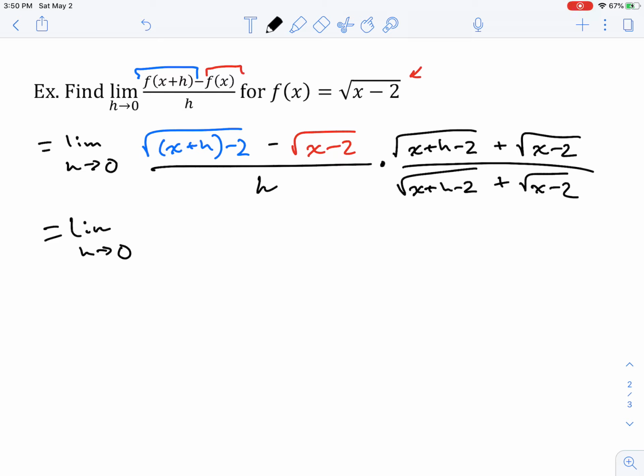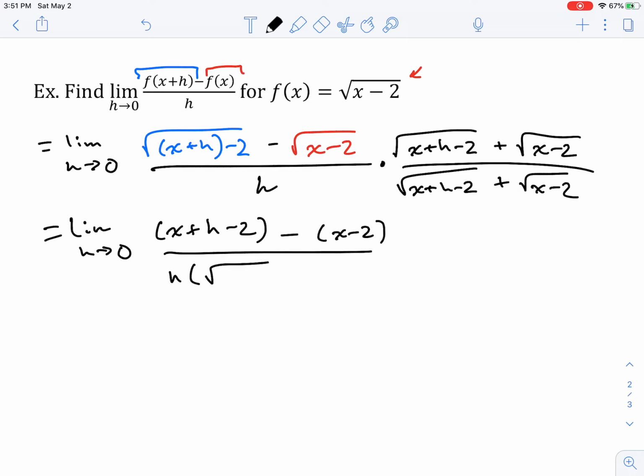This is just a difference of squares. Even though it looks a little daunting, it's just a difference of squares. So we've got all of x plus h minus 2 minus all of x minus 2. Be careful with your parentheses again. Over h times the quantity of still the square root of x plus h minus 2 plus the square root of x minus 2.